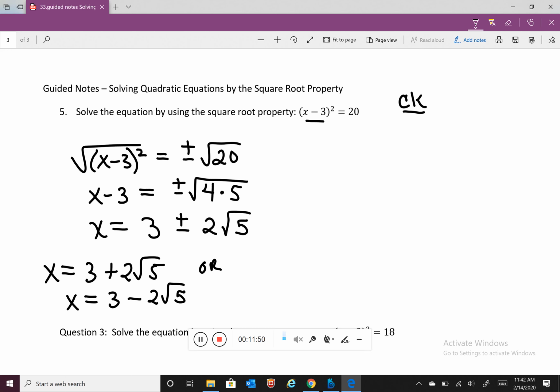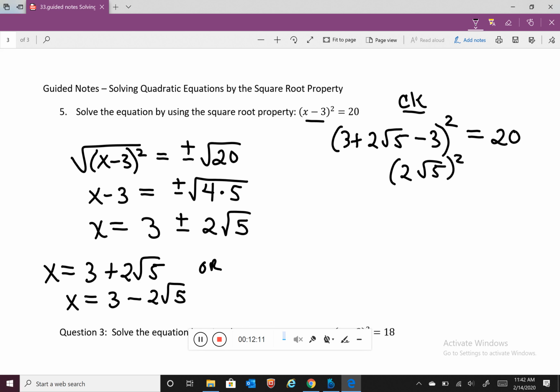So if I look at 3 plus 2 square roots of 5, notice we have minus 3, and then that entire quantity is squared. But do you see that the 3's actually cancel, leaving us with 2 square roots of 5 squared? But 2 is being squared, which gives us 4. Radical 5 is being squared, which leaves us with 5, which results in 20.